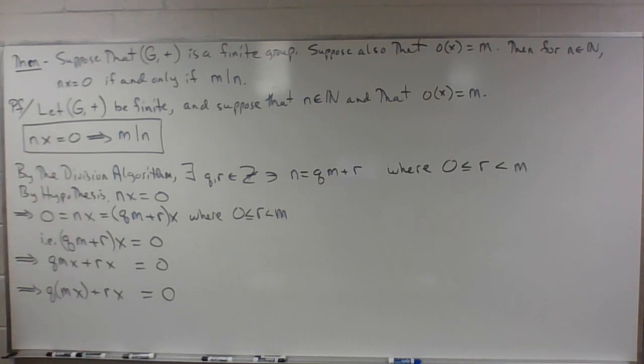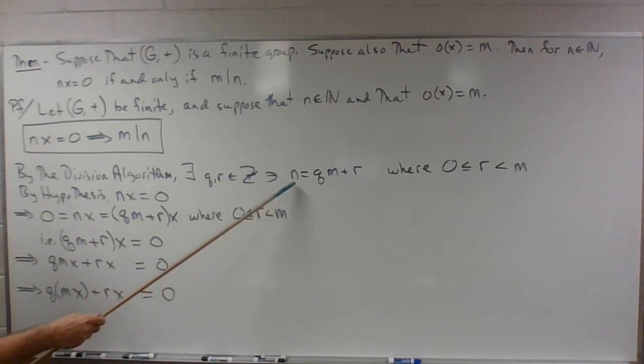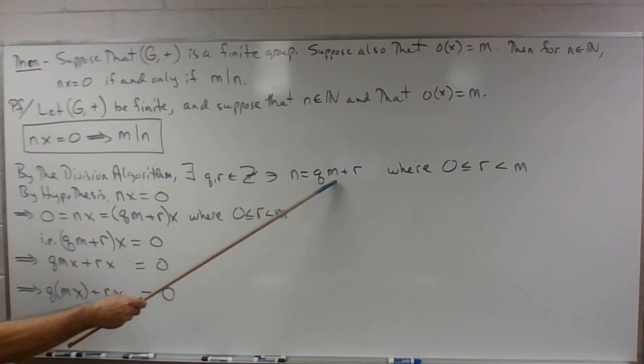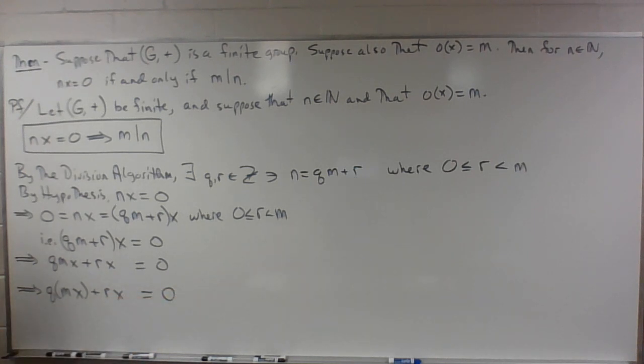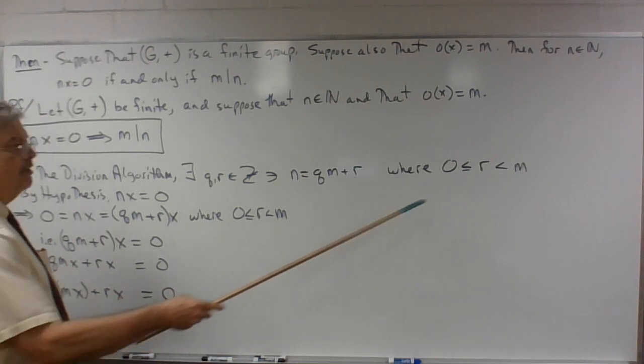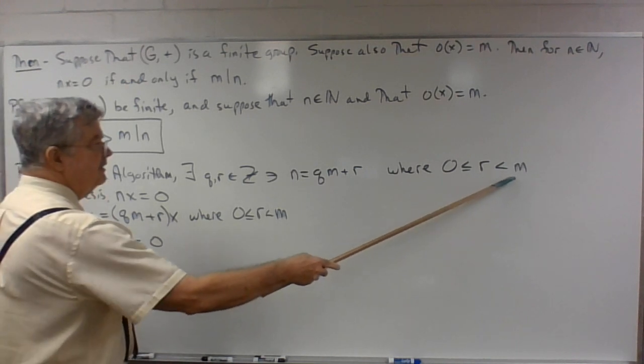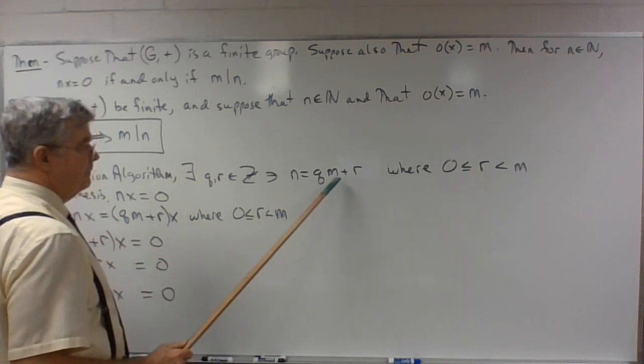nx equals 0. By the division algorithm, there exist integers q and r such that n equals q times m plus r. And remember, the remainder has to be strictly less than the divisor m.